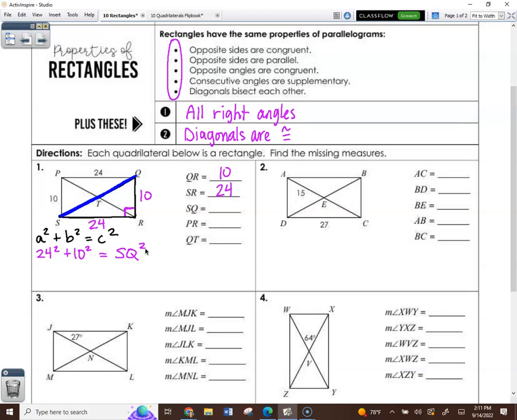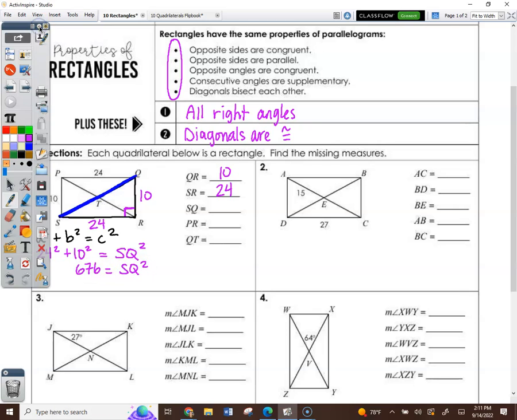Second, square button. You'll notice above it, it's the square root. You should all be typing. This is 676. What do you think about it? 24 times 24. We are square rooting both sides. 676 is actually perfect. It ends up being what?